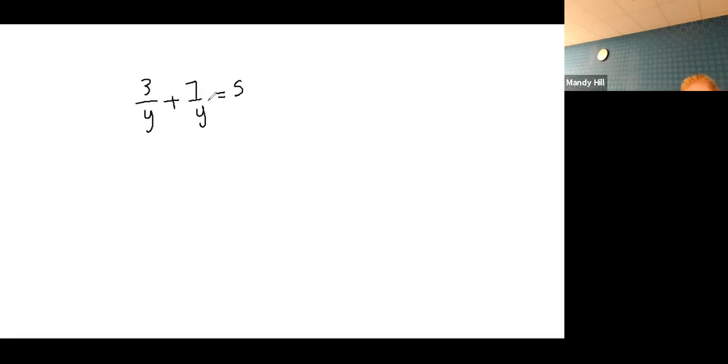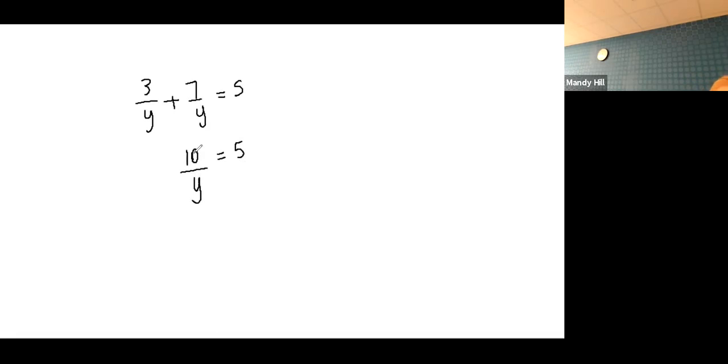And when the denominator is exactly the same, all you have to do is add them. The denominator is going to stay whatever it already was. And then we've got 3 plus 7, which is 10, over y is equal to 5. Well, we want this y to not be on the bottom because it's very difficult to find what the answer is if it's on the bottom.